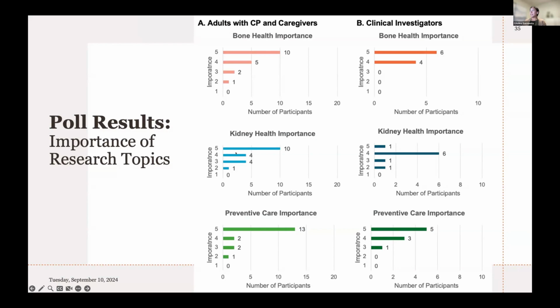You can see here in our adults with CP group and our clinical investigators group, the top one in orange is bone health, the middle one in blue is kidney health, and the bottom in green is preventive care. So all 3 of these topics were very important across the focus groups.